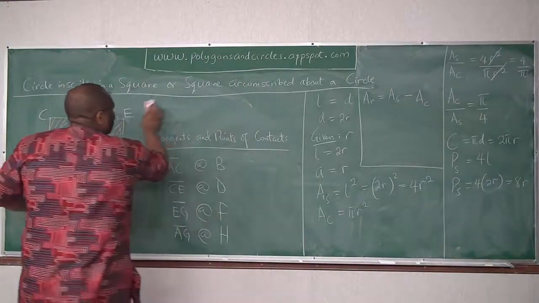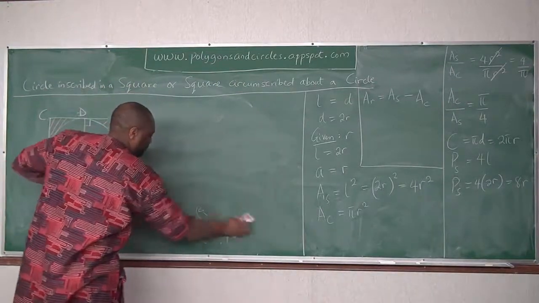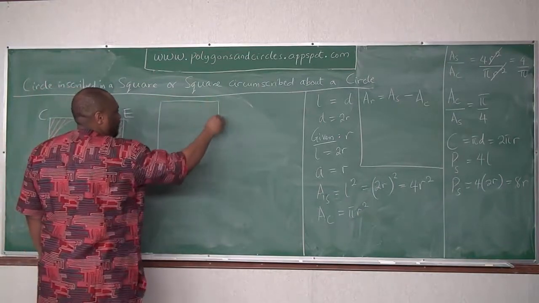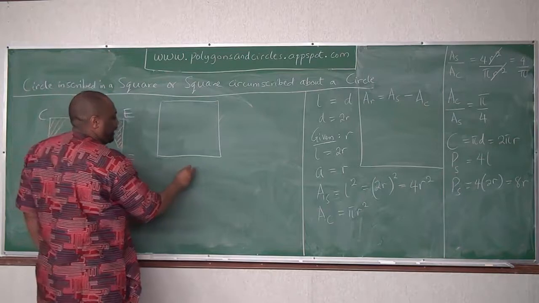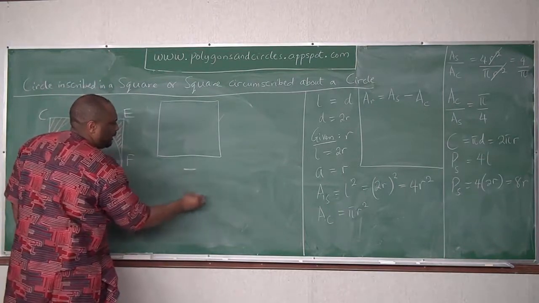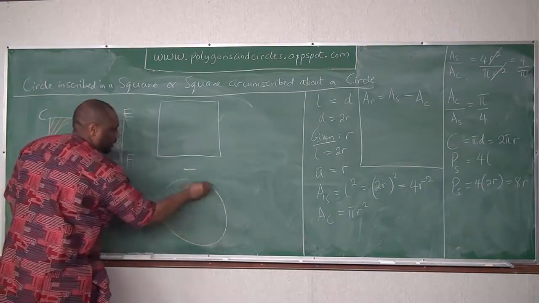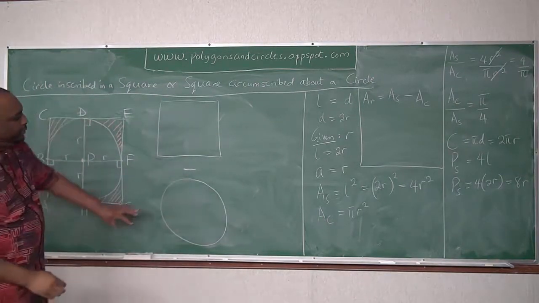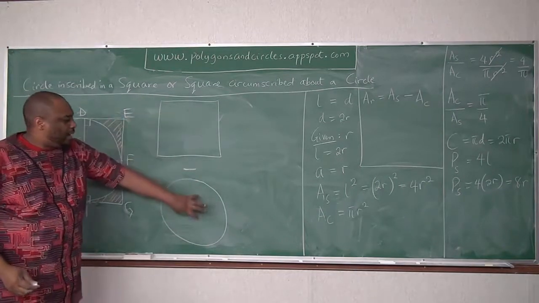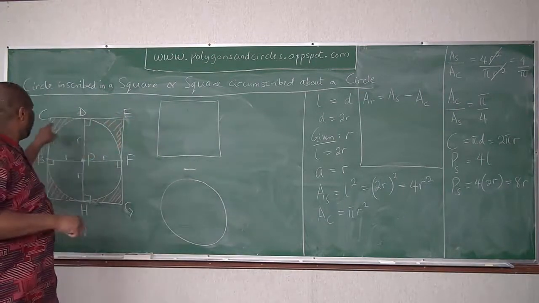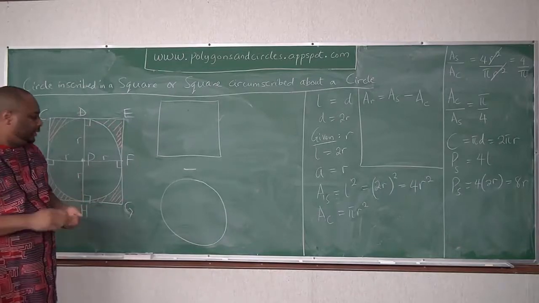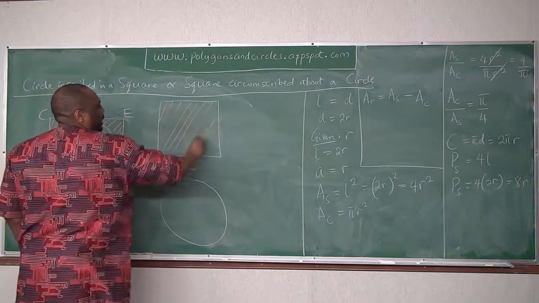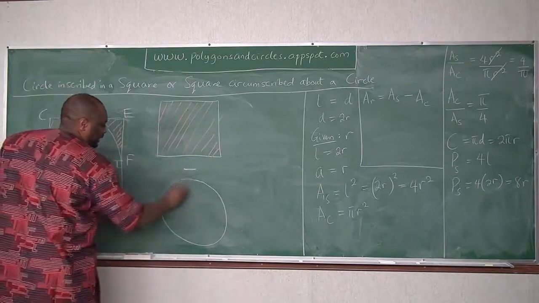Because you would have something like this, the whole square minus this circle here. So imagine you put this circle inside the square, then you have this here. And that is why this is the whole area of the square minus the area of the circle.